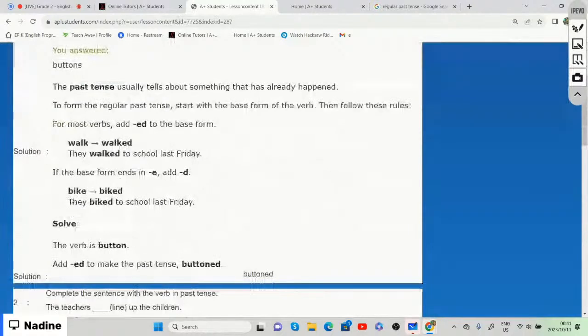And remember, we said that the past tense usually tells about something that has happened already, which means that it is in the past.